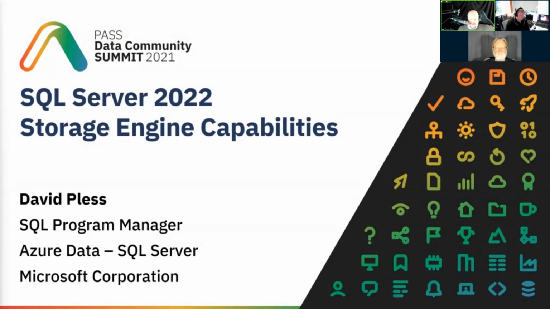But I do want to mention that some of the improvements with availability will be replication and backup operations, and some areas around Always On availability groups. And then we're going to touch on security capabilities with SQL Server Ledger, encryption enhancements, improvements to dynamic data masking, and more. So this is a storage engine focused session with some mention of other key features in SQL Server 2022.